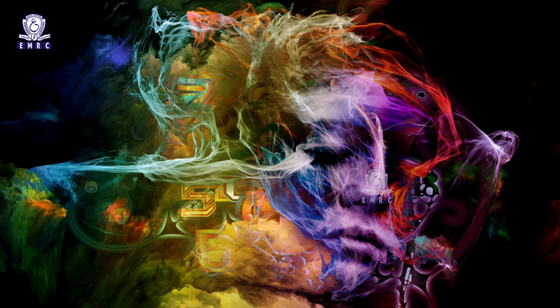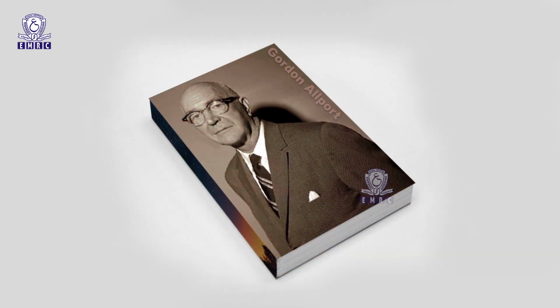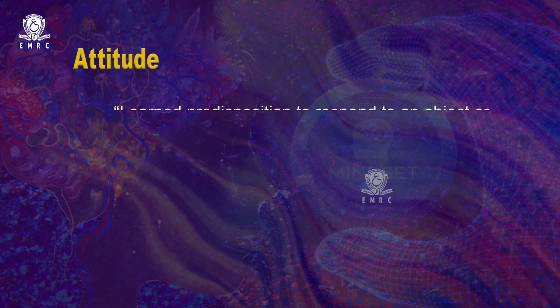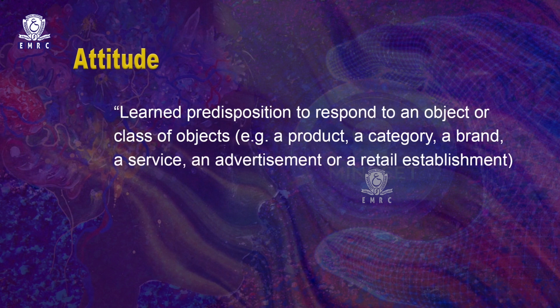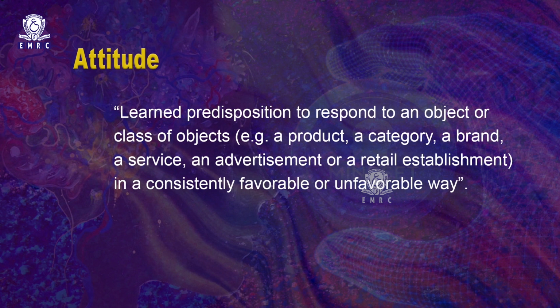Then there is a second view, a second definition representing the thoughts of Gordon Allport, who views attitude as a learned predisposition to respond to an object or class of objects. For example, it can be a product, a category, a brand, a service, an advertisement or a retail establishment. All these in a consistently favorable or unfavorable way. So, we are seeing this favorable, unfavorable once again.